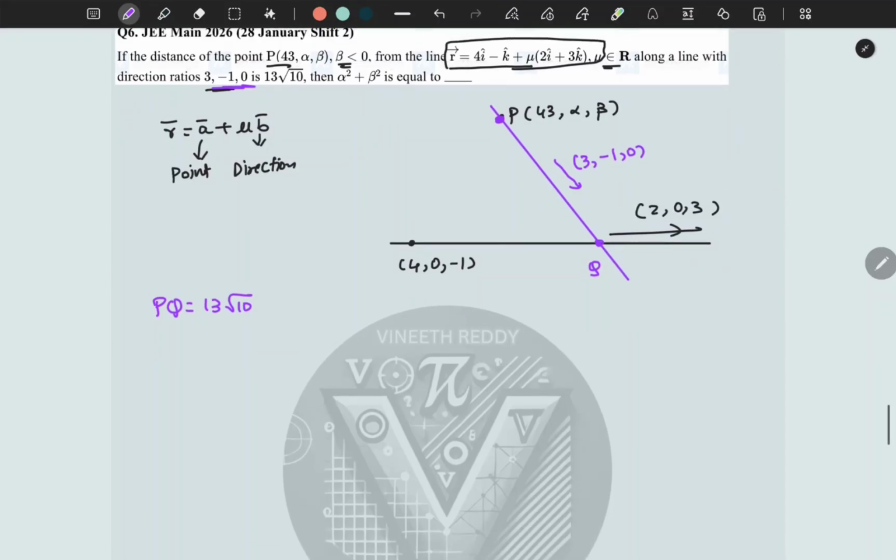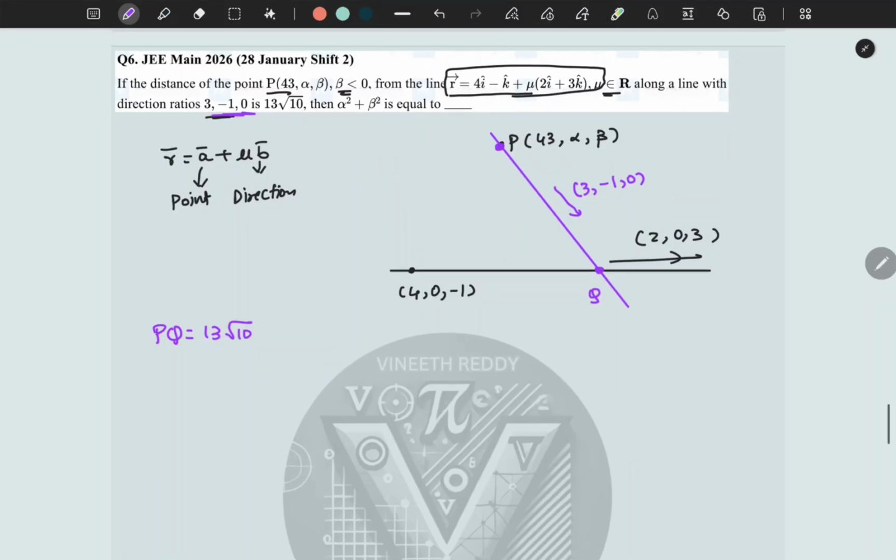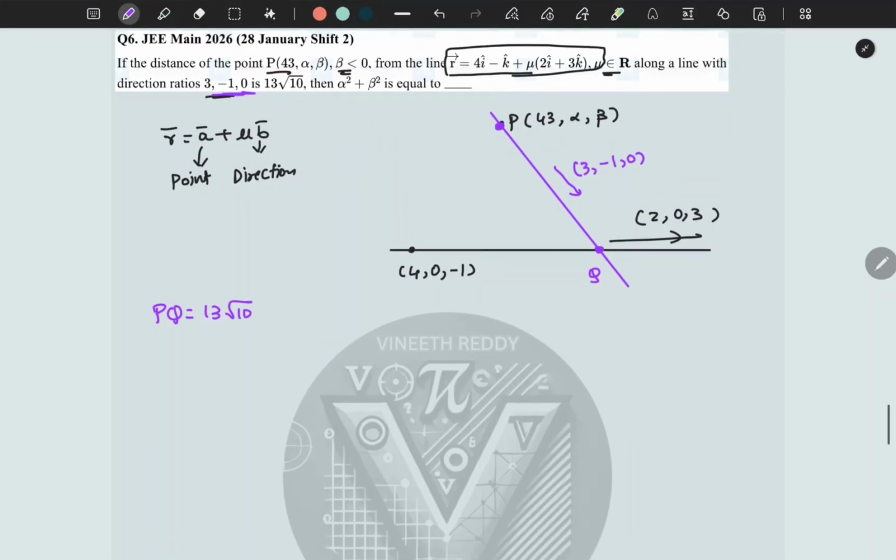Now we will do one thing, we will assume the point Q on the second line. So the second line in three-dimensional geometry can be written as, let me write this line equation as L2: (x - 4)/2 = (y - 0)/0 = (z + 1)/3.